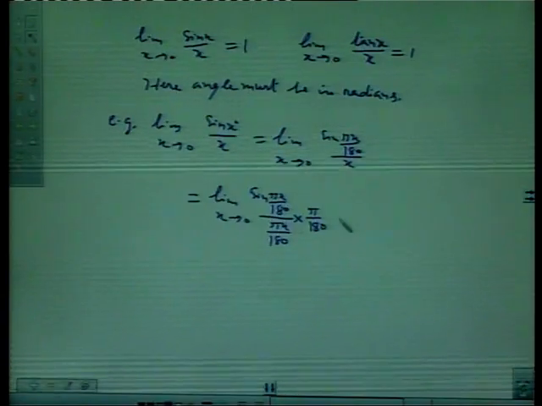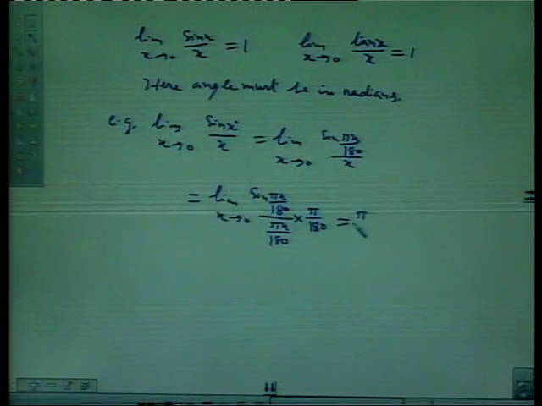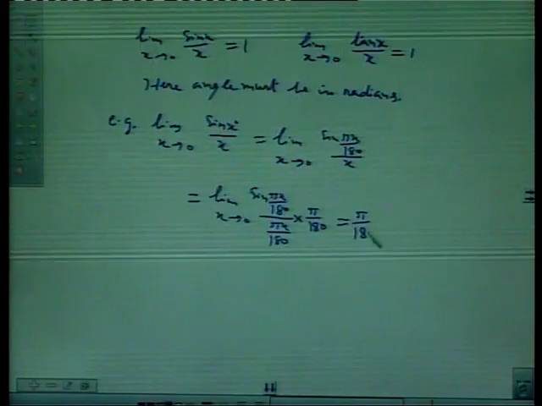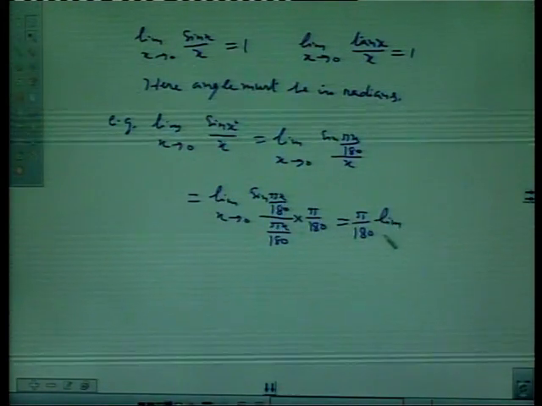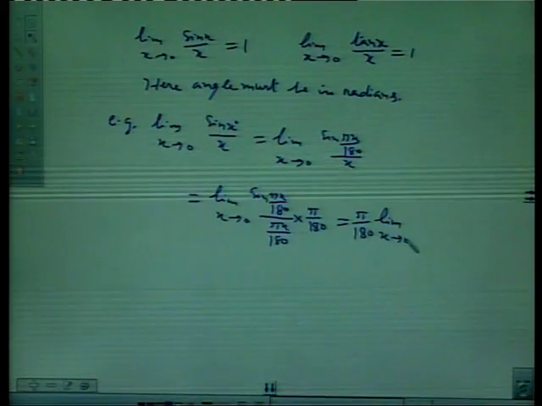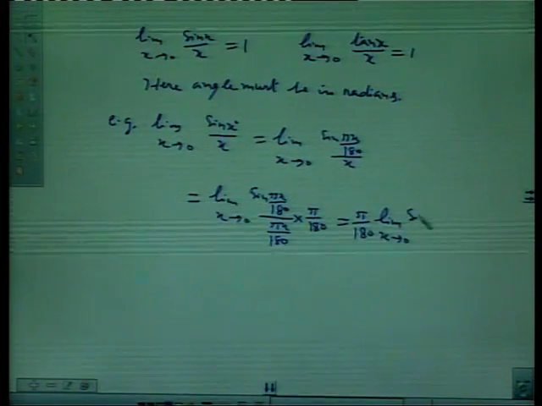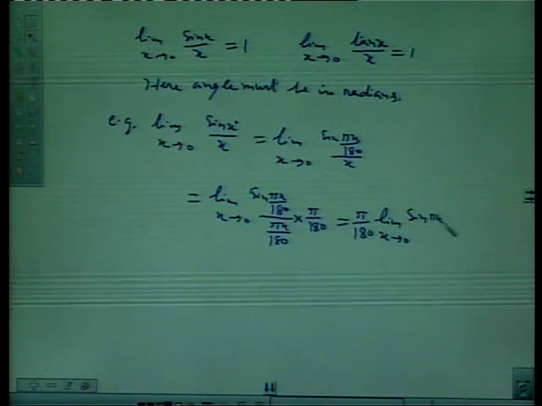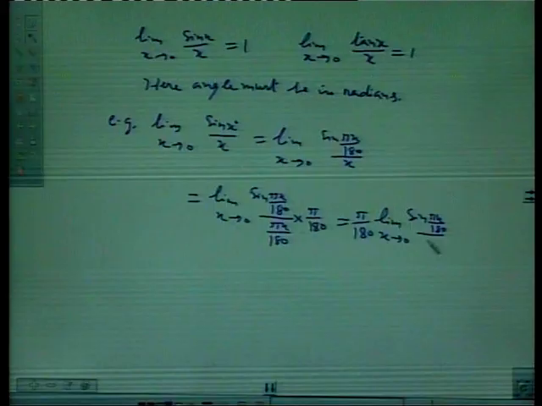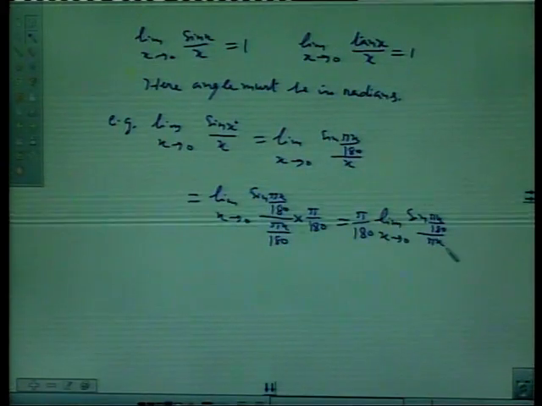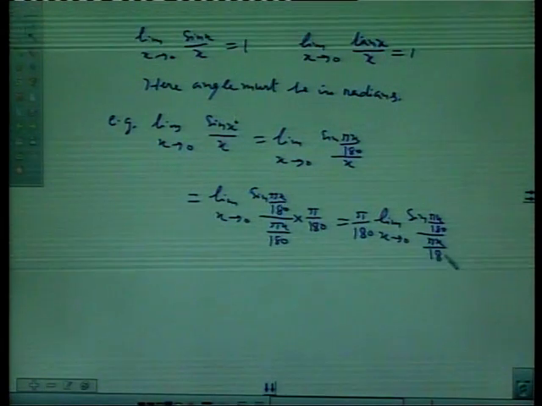Then pi upon 180 is a constant number, we can take it outside. Limit x tends to 0 sin of pi x upon 180 upon pi x upon 180.